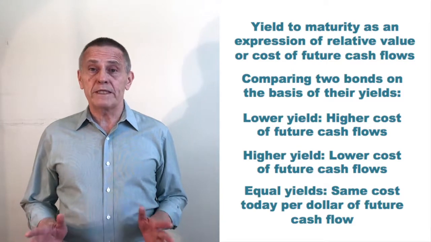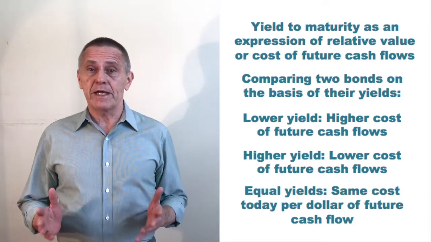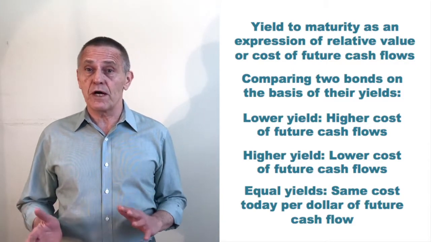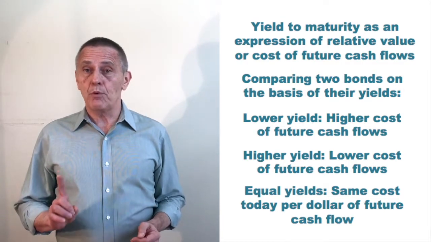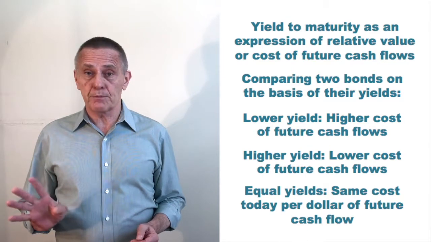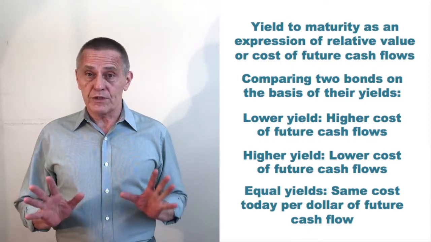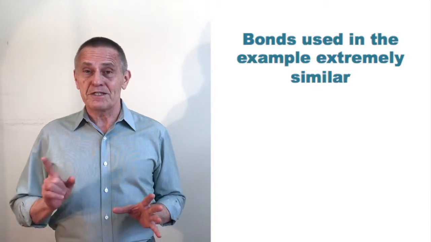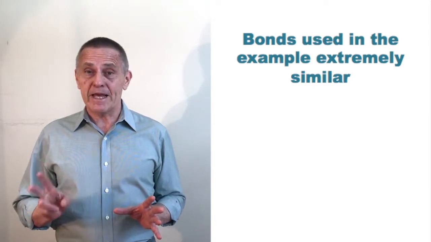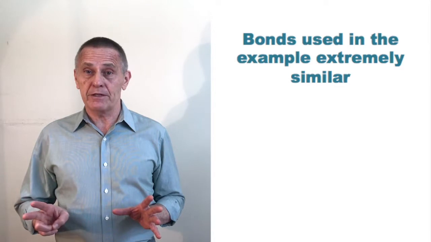Well, much more needs to be said about yield as a measure of relative cost and, for that matter, relative risk. Because one point that is important to make about the preceding example was the great similarity between the two securities. Same credit risk and same lack of embedded optionality.